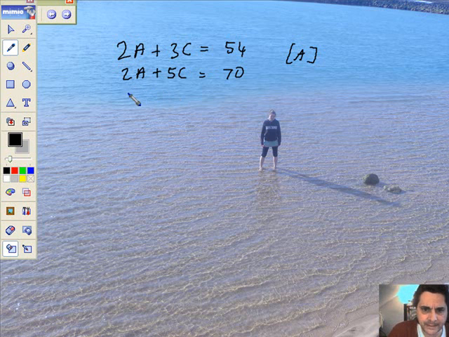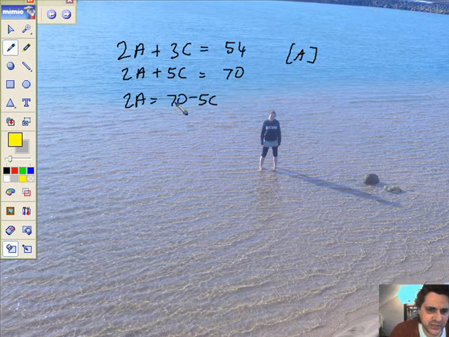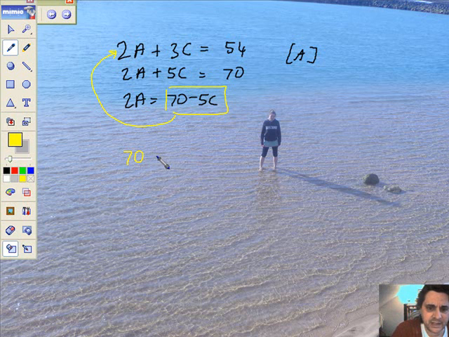I'm going to work out the C's because it looks really easy. Look at this, 2 adults equals 70, take away 5 children. Fair enough. So if I substitute this part in the top equation there, straight away I've got 70 minus 5 C's plus 3 C's comes to 54.